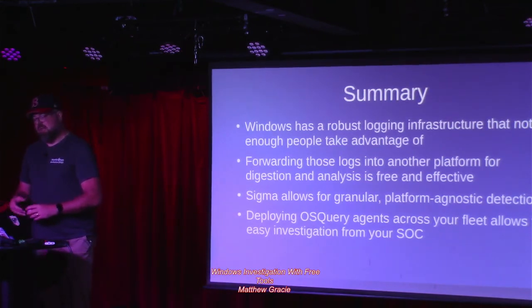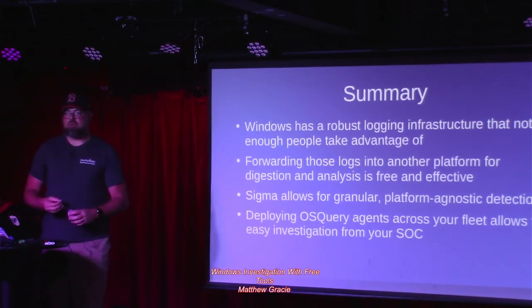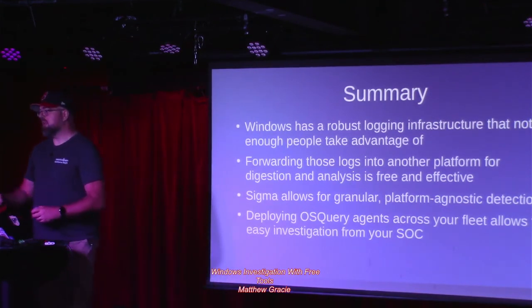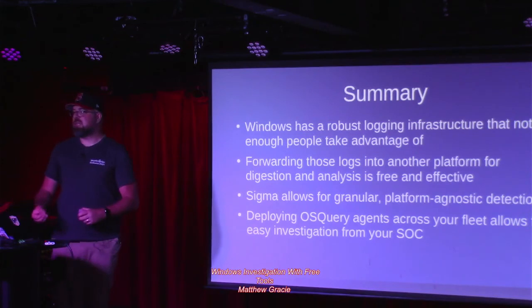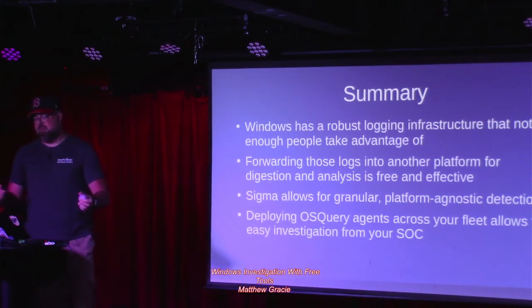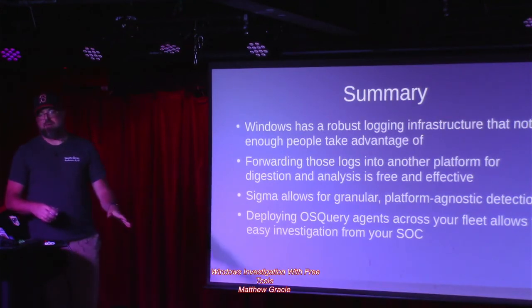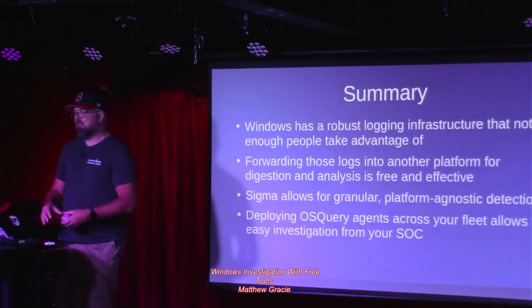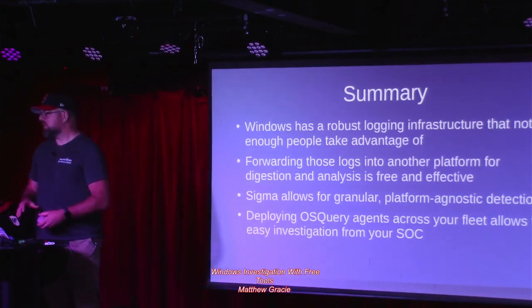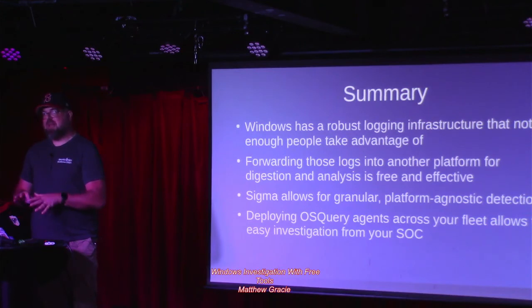Sigma allows you to write these very granular, platform-agnostic detections, so you don't have to continue reinventing the wheel every time something new comes out. Just get the Sigma rule for it. You can push it everywhere. And finally, deploying OSquery agents across your fleet. I didn't really cover this in the demo because I only had the one machine set up. But deploying OSquery clients across your fleet will allow you to expand the hunt.